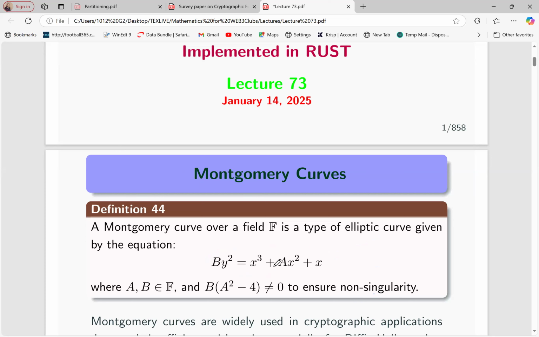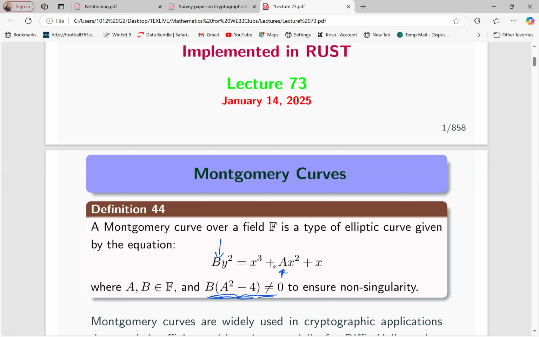So how do you find out if it's non-singular? We are using this property. You have the b into brackets s square and then minus 4. If this gives you a non-zero value, then it means the values of x are not identical. And therefore, the equation is an elliptic curve.